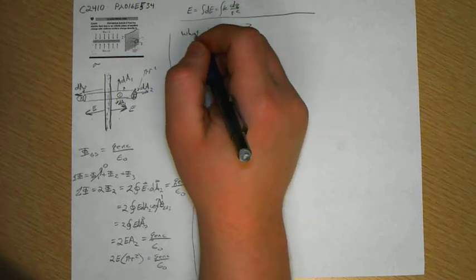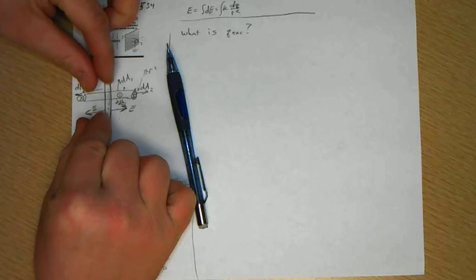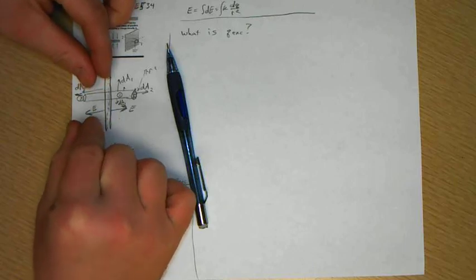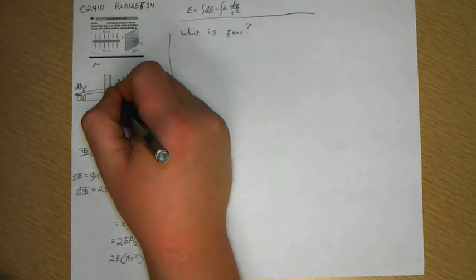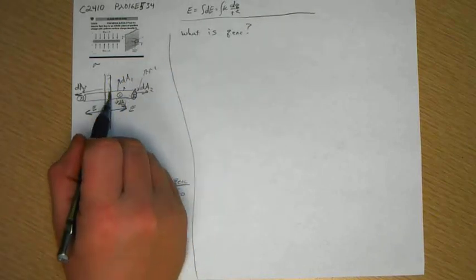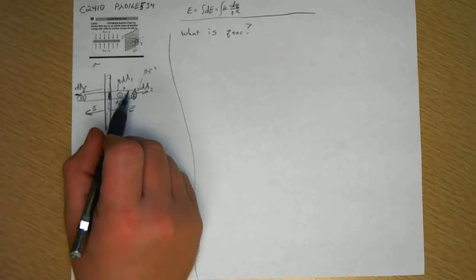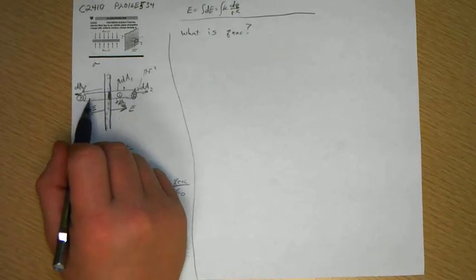Remember, we think of this as an infinitesimally thin sheet because it's a surface charge density. So what is covered by this surface, which is the projection of that surface onto that? Because remember, this is a cylindrical hollow thing.